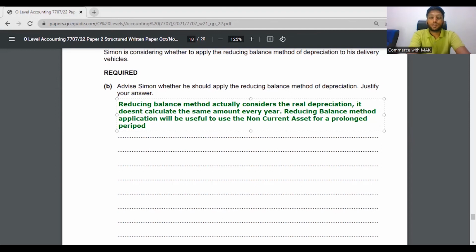So you can use this type of asset for a long period. You don't want to stop using it after a short term, like 5 years. In the straight line method, you don't have that option. After the amount of depreciation, maybe 5 years or 6 years of useful lifetime, you will go for another option.